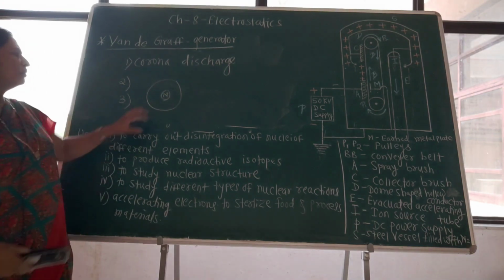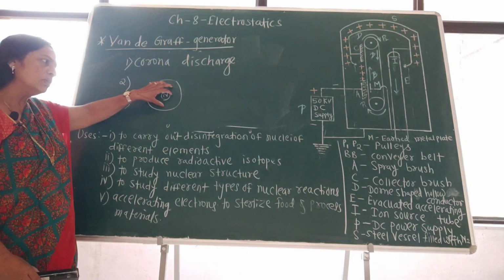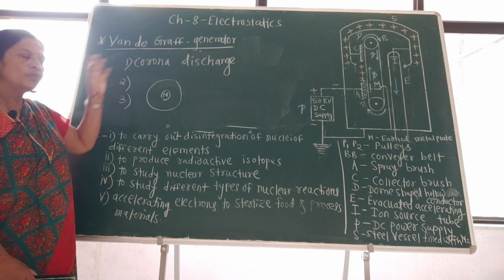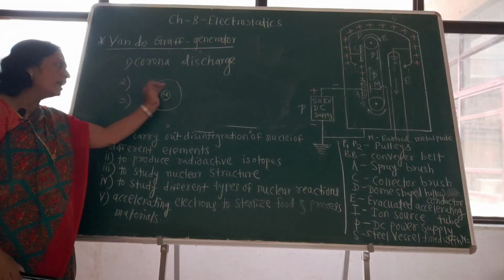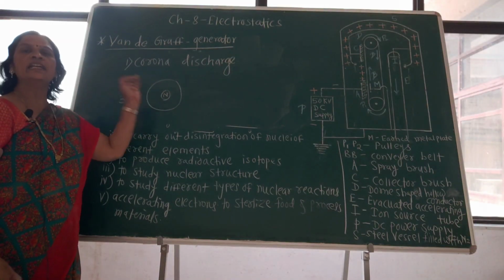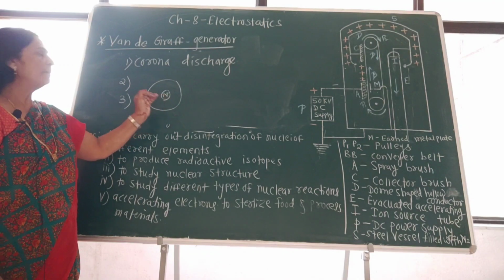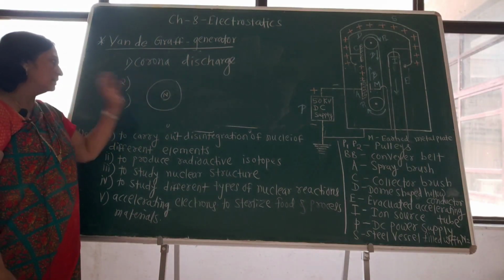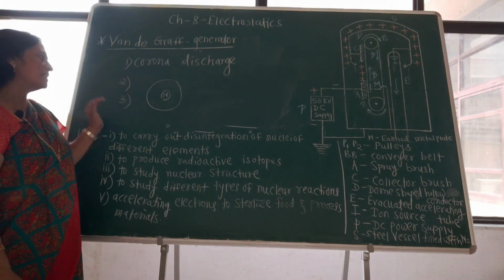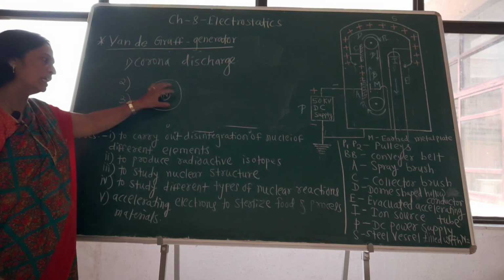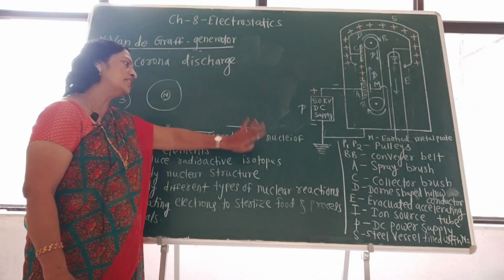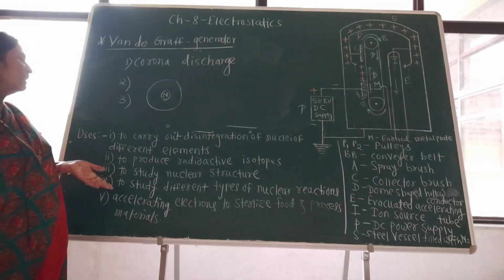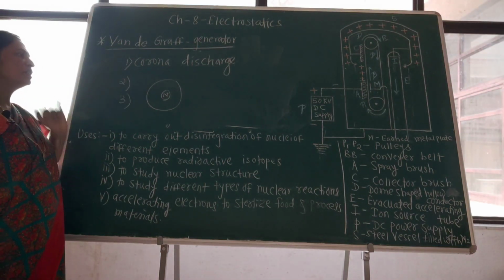To disintegrate the nucleus of different elements, we can use high energy accelerated charged particles. If we bombard that high energy charged particle on the nucleus, the nucleus can disintegrate and another element can form. This is the first use.